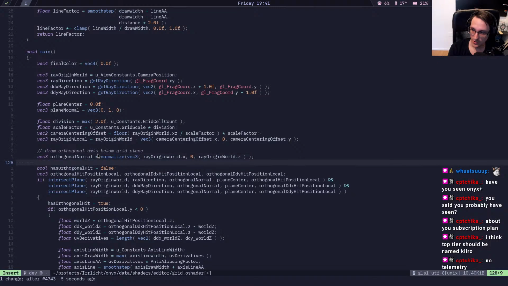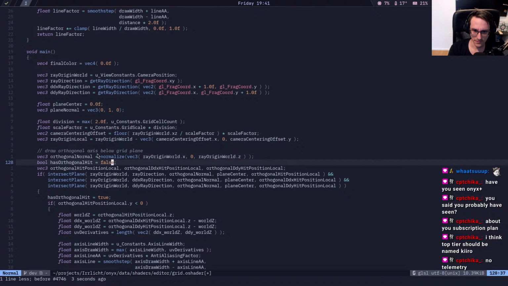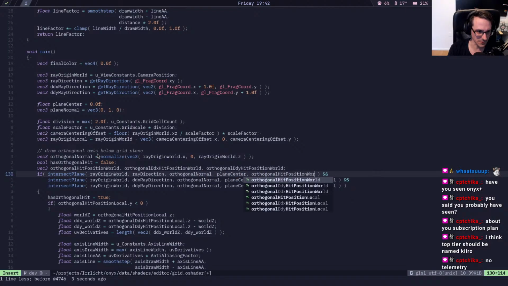So that is our new normal, and then that is basically orthogonal hit position world, because we already did it in world, it was just named wrong, and because the ray origin was already in the world space.